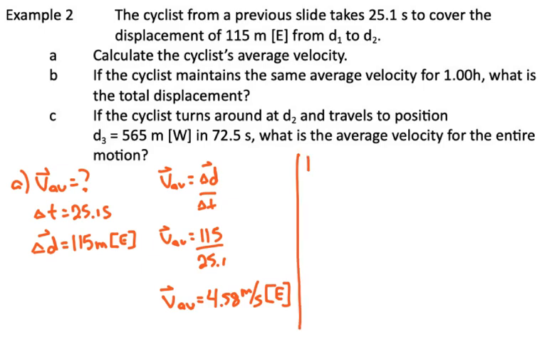Question B, if the cyclist maintains the same average velocity for 1 hour, what is their total displacement? So we know that they're going to keep that same average velocity, 4.58 meters per second to the east. And now they're going for 1 hour.